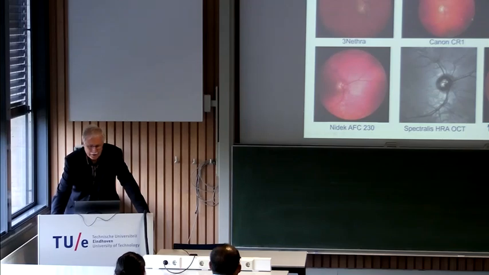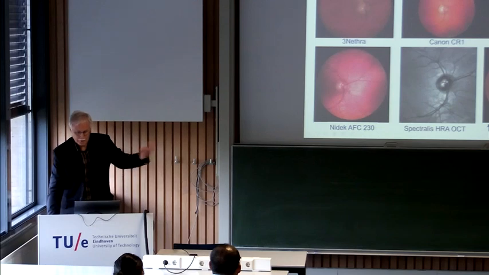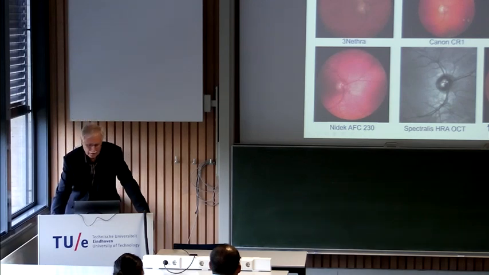Is the software vendor independent? Luckily it was, but you see there's quite some difference. This is a laser scan, so it's a black and white image. This is a low resolution, much cheaper, high volume screening laser scanning. This is an Indian company, Nidek and Canon and Topcon are Japanese companies, so quite some differences, but our software worked quite well.